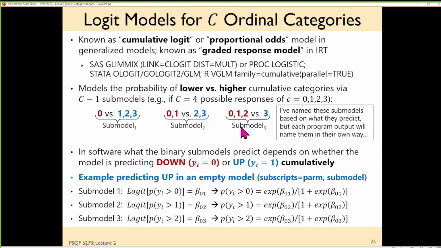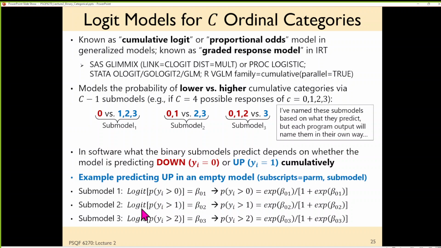So we will end up with 3 different intercepts, one that corresponds to the logit of the probability of predicting the blue part in these models. So here's an example then of what that would look like in notation. If I'm predicting the blue, which is my preference, predicting up like usual, submodel 1 would be the logit of the probability of a response greater than 0.